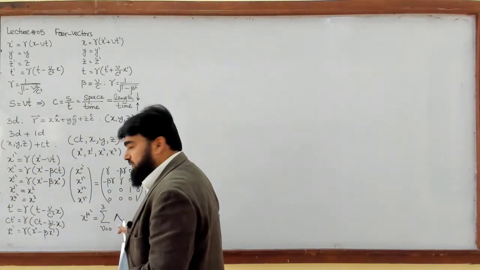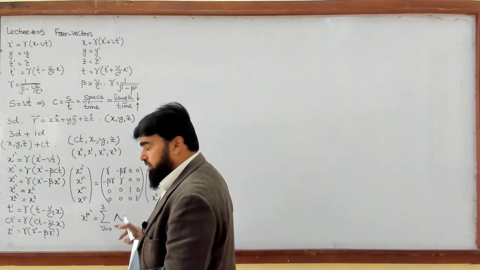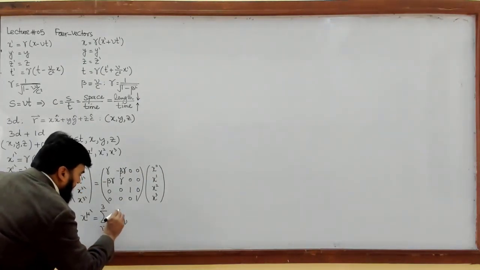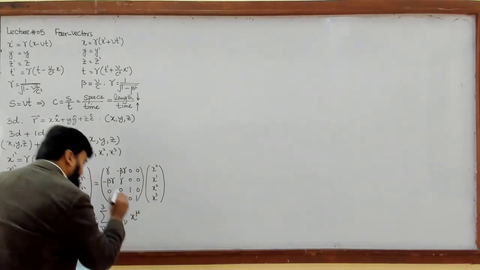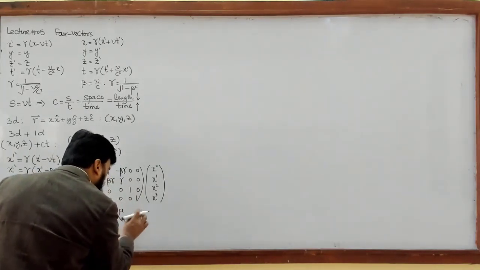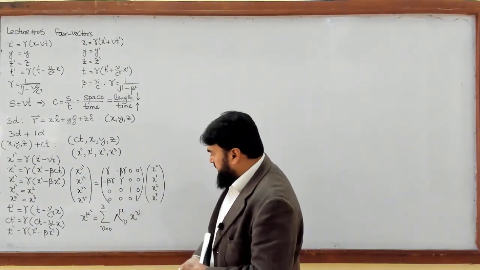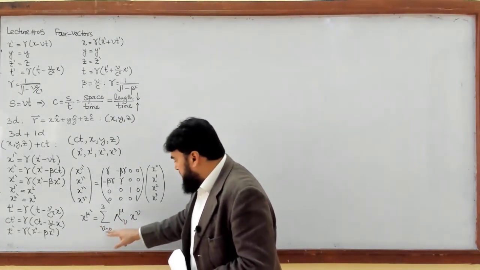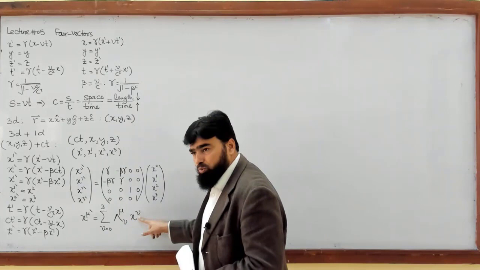This symbol is lambda, capital lambda, while the lambda which we use for the wavelength is the small lambda, and it is having a subscript mu and a superscript nu, and x to the power nu. Here are the prime coordinates and here are the unprimed. Nu is running from 0 to 3. So it will be x0, x1, x2, x3.